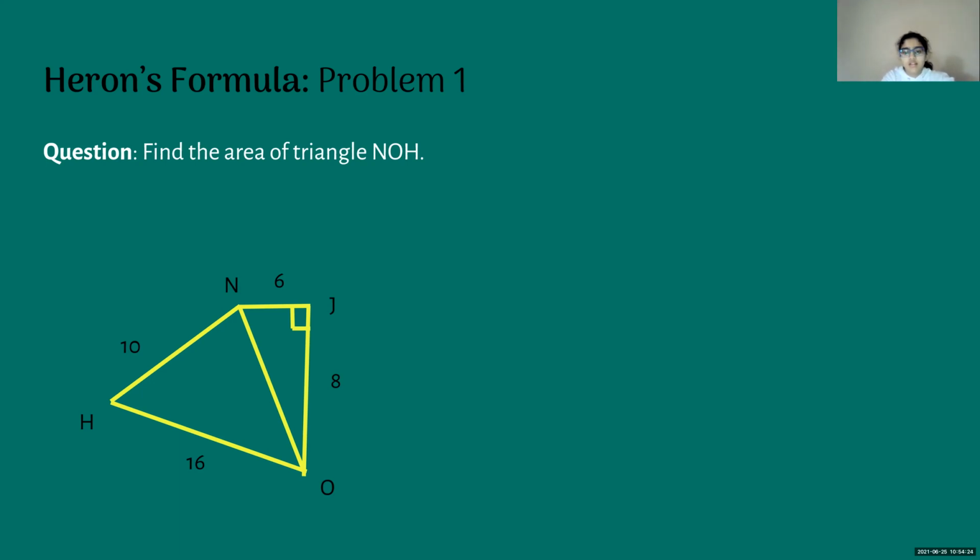Okay, so I shall just have the score up in the chat. Again, find the area of triangle NOH. You can either answer the whole question, and I will take the time that you answered at, or you can type out in the chat the steps you would do, or you can unmute and tell me the steps.